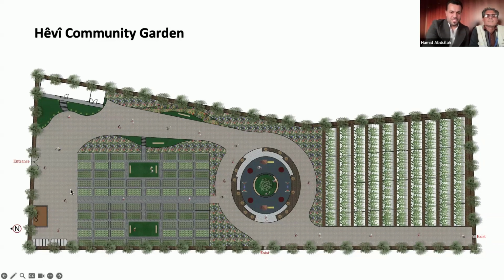So the big green area, I can tell you this is the raised beds, which are 92 raised beds in total. And there are 2, we could say, gathering spaces for women. Just next to the raised beds, there is a wildflower seed mix area.